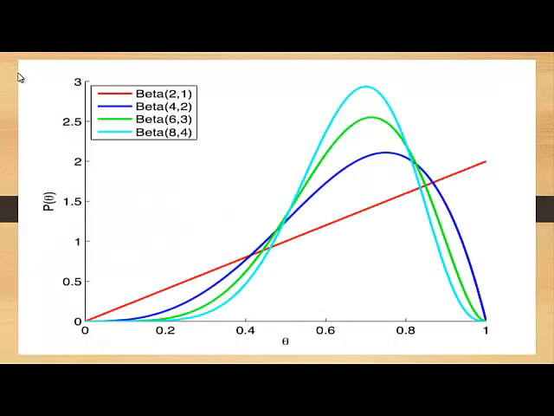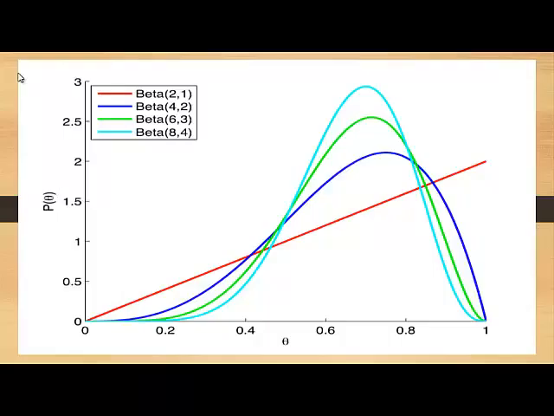And here are some other densities. So here 2, 1, this is the red line, is the 2, 1 density. And now as I increase to 4, 2, 6, 3, I am just going up in integer sequence 1, 2, 3, 4 and 2, 4, 6, 8, this density starts becoming concentrated.